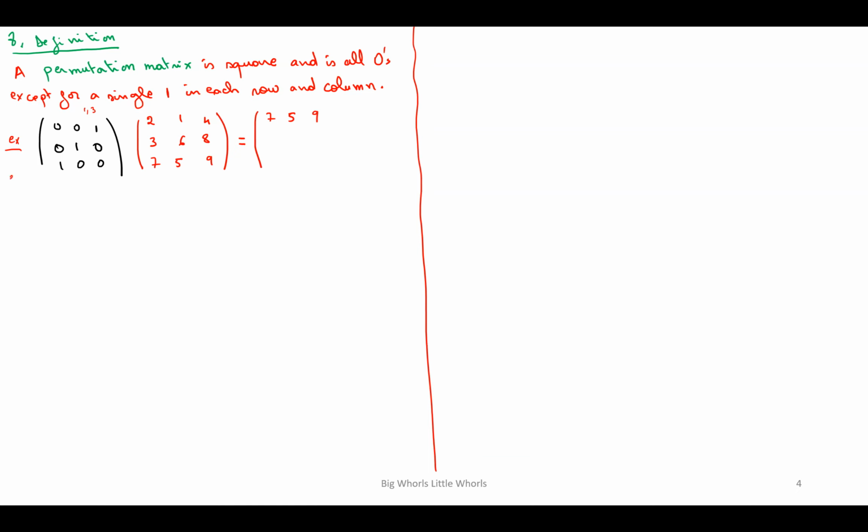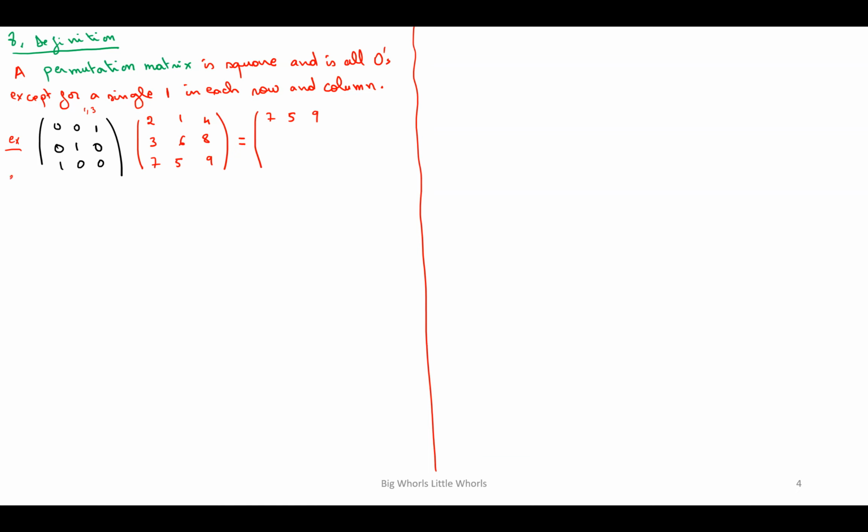A 2 by 2 unit matrix copies the second row, so it leaves the second row there: 3 6 8. Now the third row copies the first row, 2 1 4. You see, this is a permutation. It permutes rows if multiplied from the left, and columns if multiplied from the right.